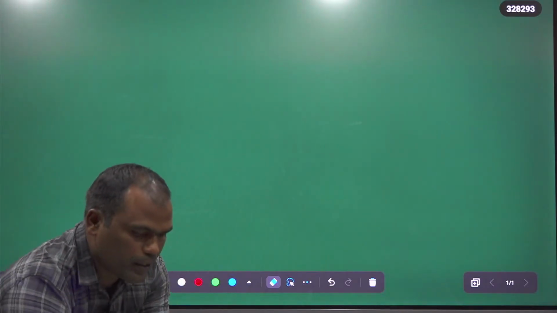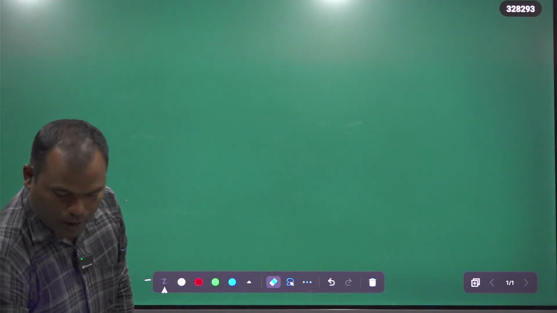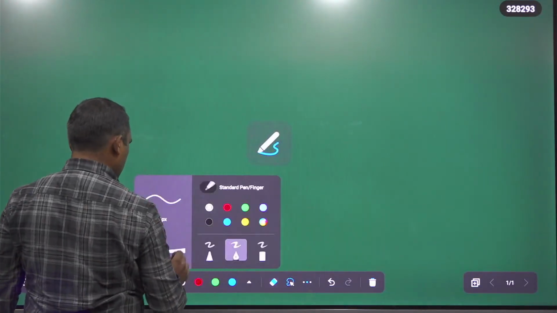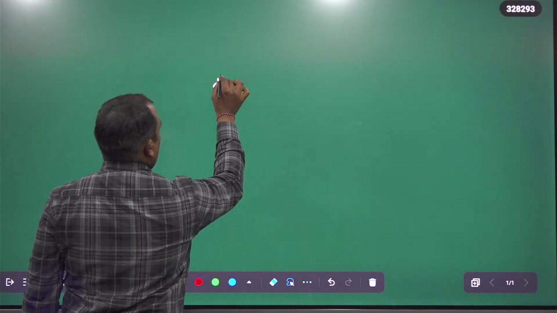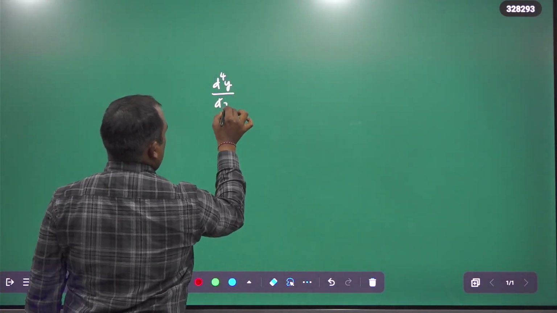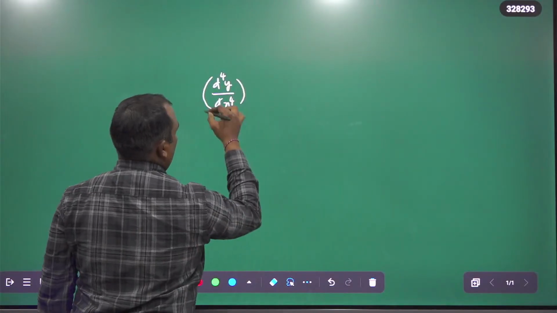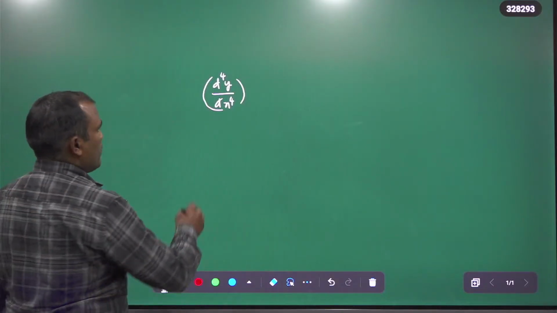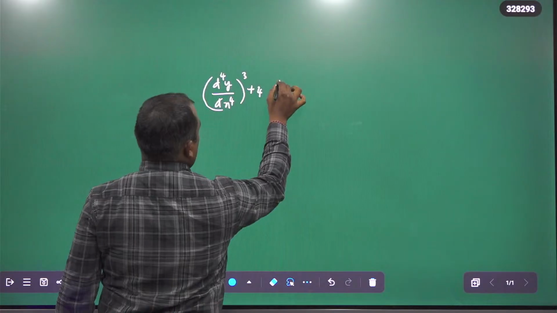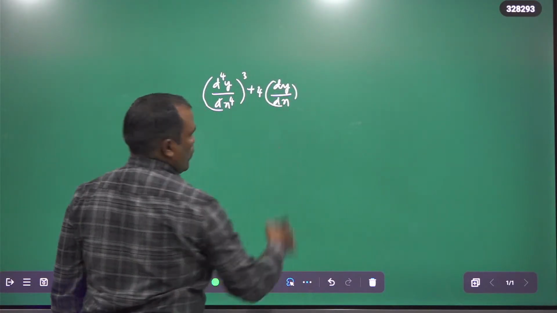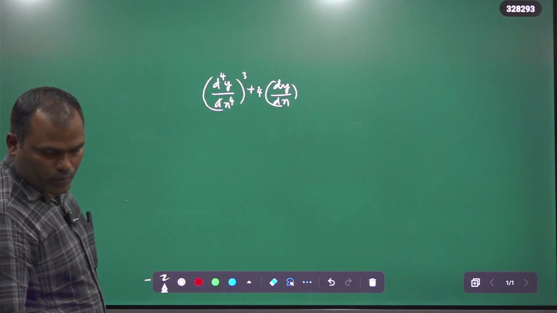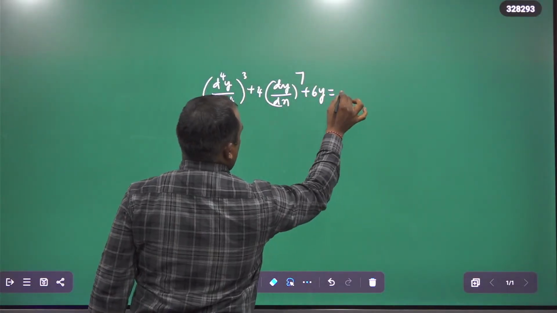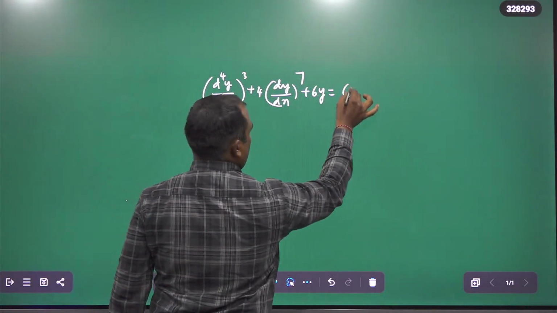For example, I will give one example. See, d to the power of y by dx to the power of 4, whole to the power of 3, plus 4 into dy by dx, all to the power of 7, plus 6y equal to 0 is given.